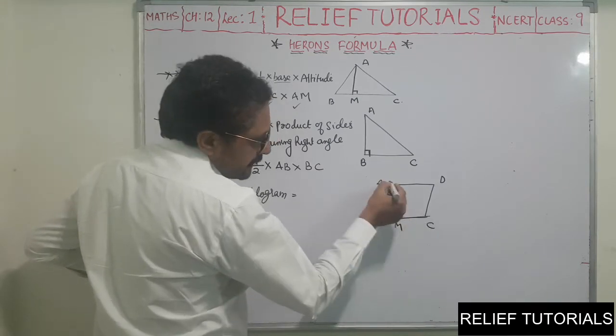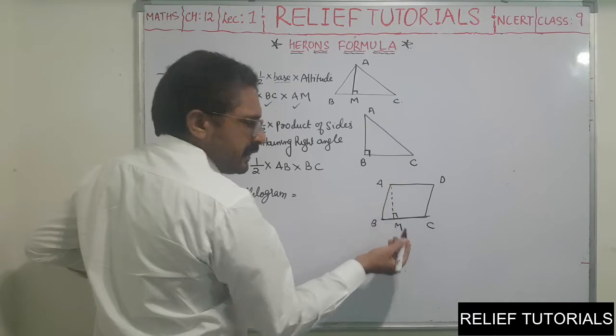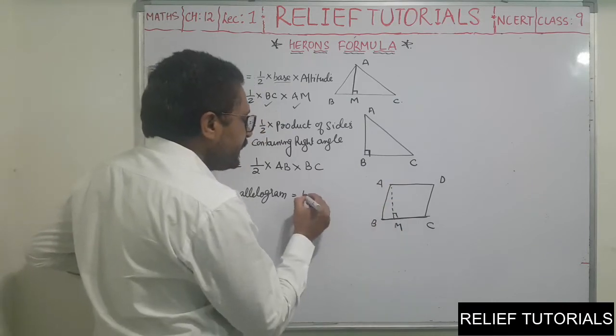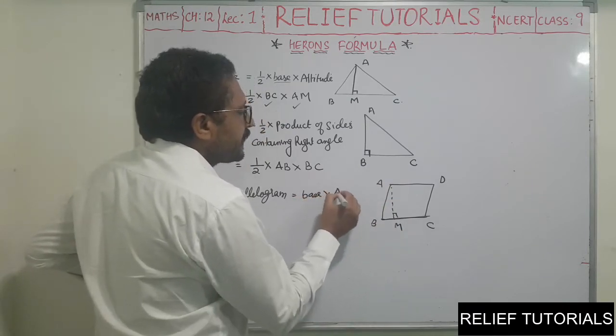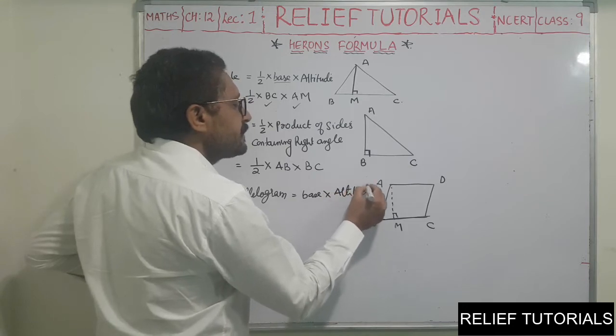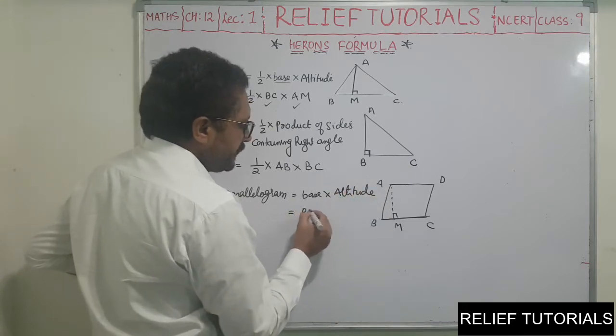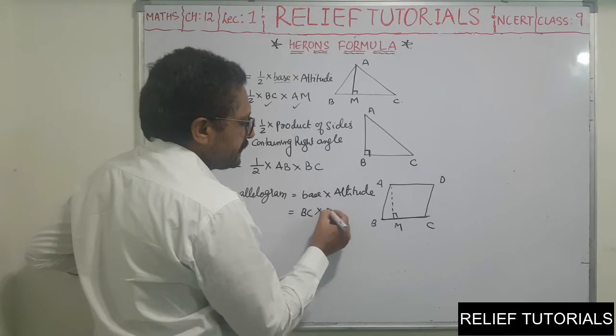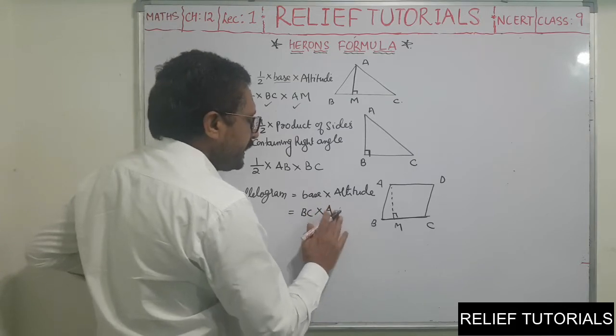BC is the base, its corresponding altitude is AM. So the area of a parallelogram is nothing but base into corresponding altitude. Here altitude means corresponding altitude. So base is BC and altitude is AM.